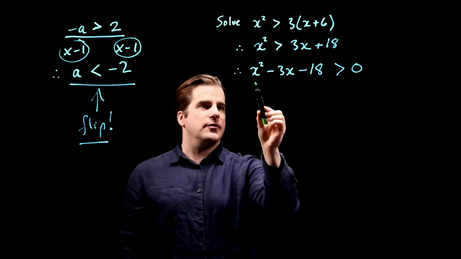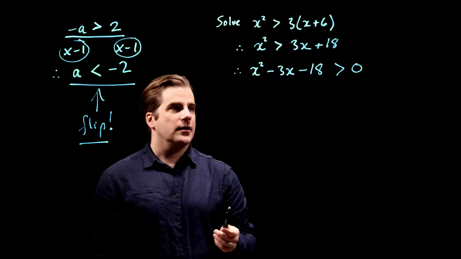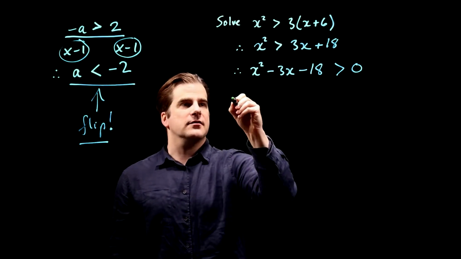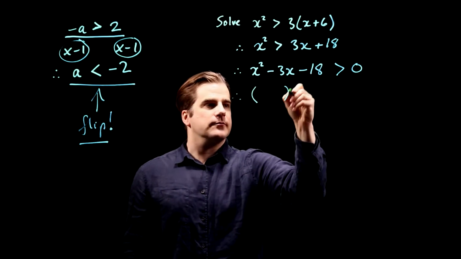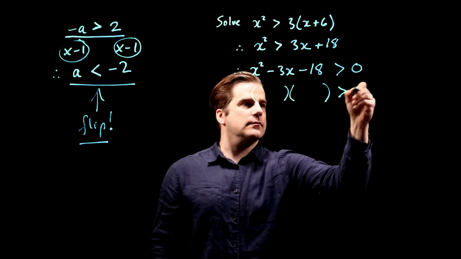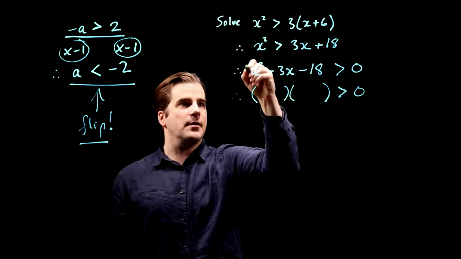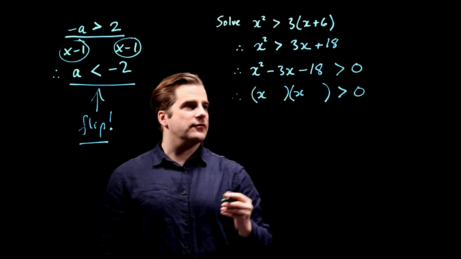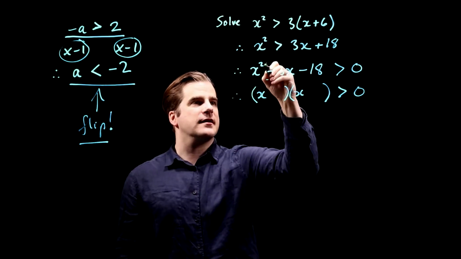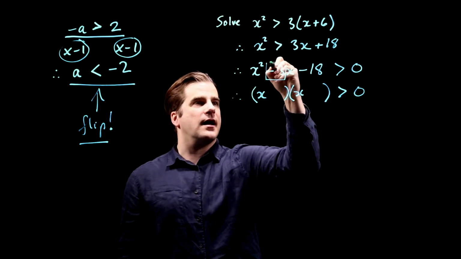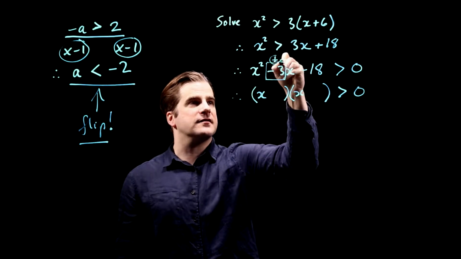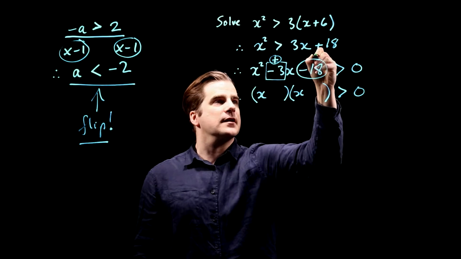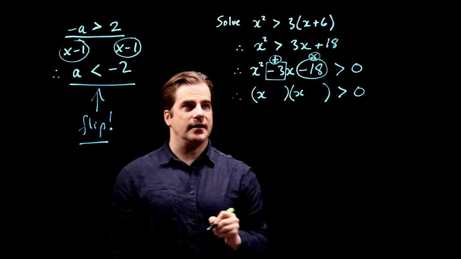Right, so we've got this quadratic. What do we normally do with quadratics? We're going to factorize it. So let's do that. There's no number in front of the x squared, so it's just going to be x and x. We're looking for two numbers that add to give minus 3 and multiply to give minus 18.